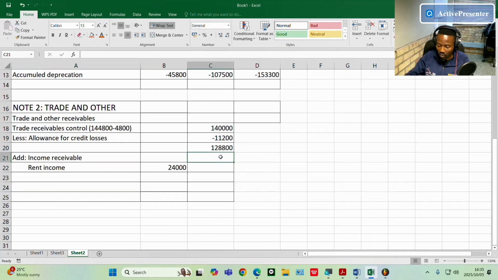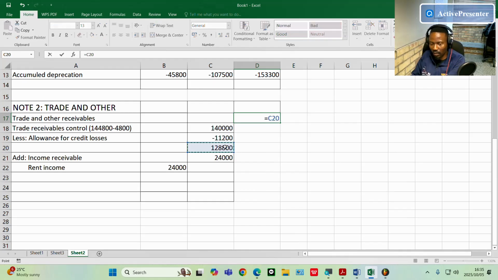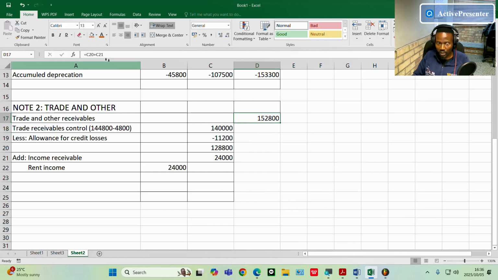But in this case, we only have the 24,000. So, yeah, it's all good. Then the only thing missing is to take these two and add them to get your trade and other receivables, which is this total plus this. So this is your trade and other receivables, which is the final amount that you're going to be putting on your statement of financial position.